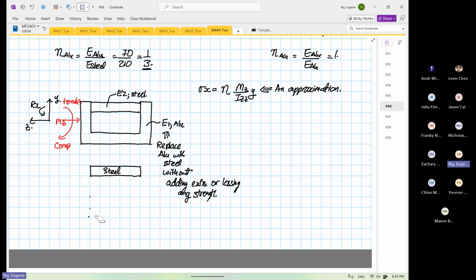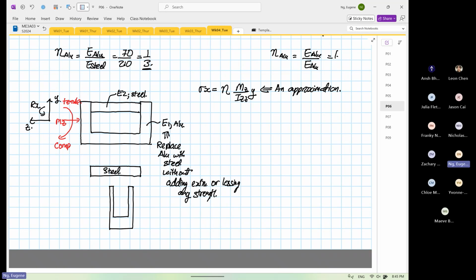So what we just did is the height did not change. Only the width changes. I repeat again, the height did not change. The width changes.